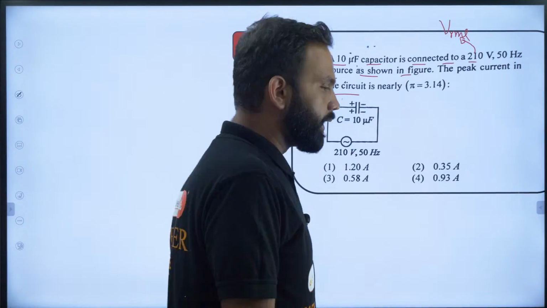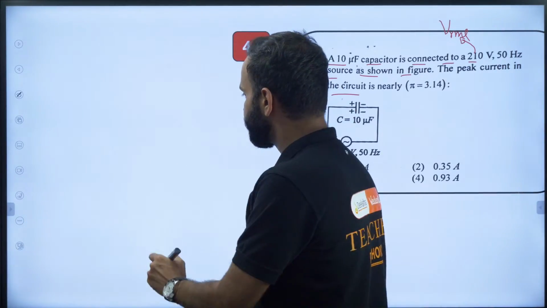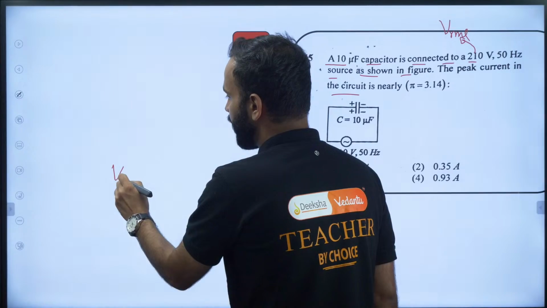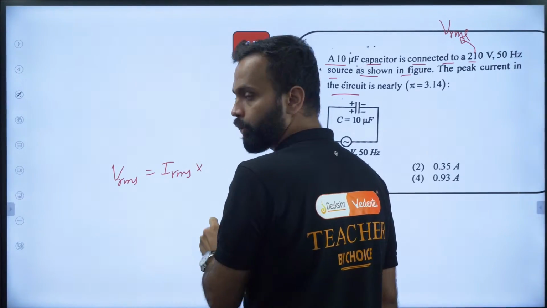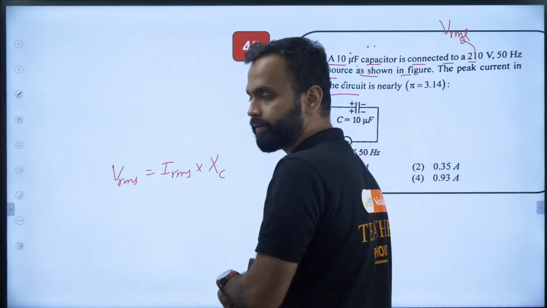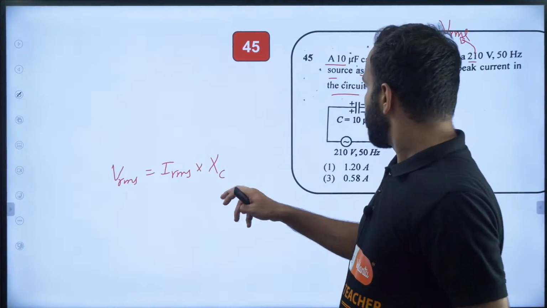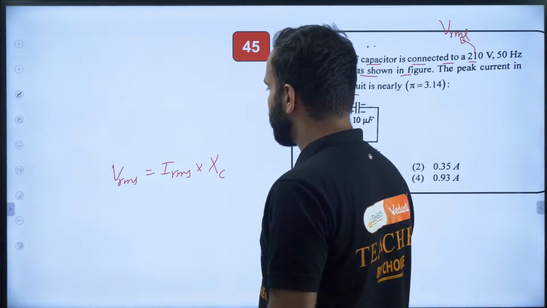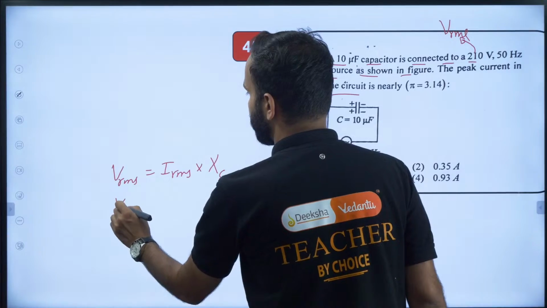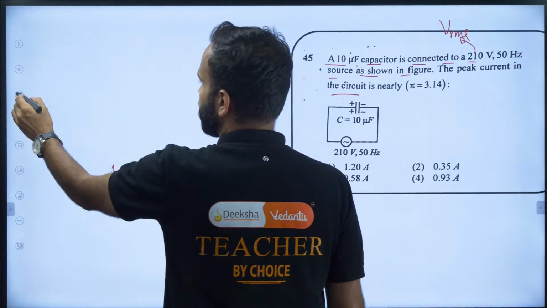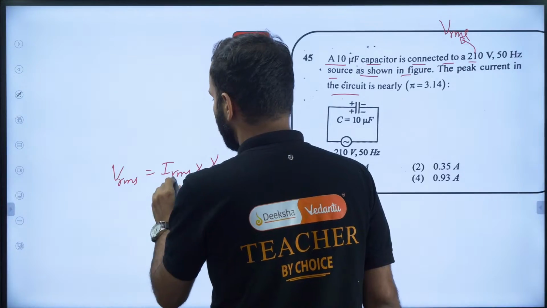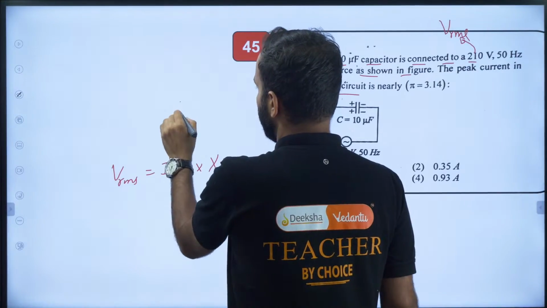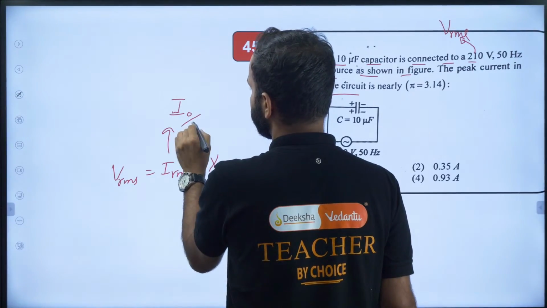Here we know that Vrms is equal to Irms into XC. We need to find peak current, so Irms is I0 divided by root 2.